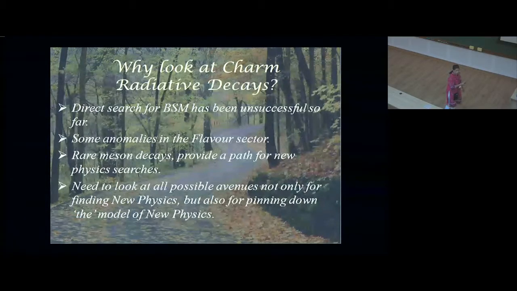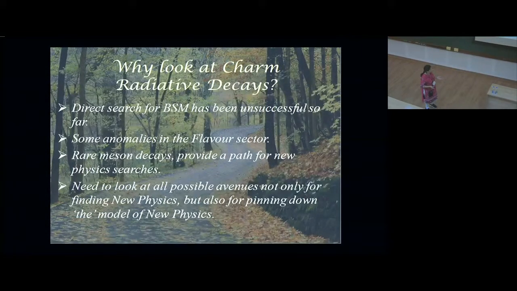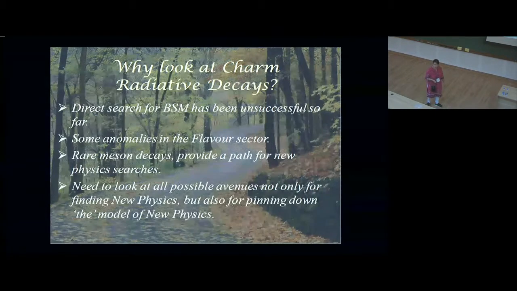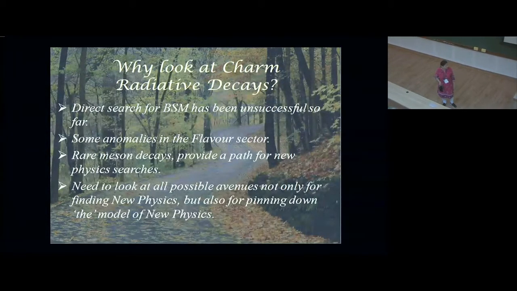And charm could be one such avenue, as Zoltan Ligeti said in his CKM workshop summary talk, that we should not leave any stone unturned to also pin down the model of new physics. If you get a framework which is able to explain many anomalies, then you can believe that you can pin down the new model of physics.